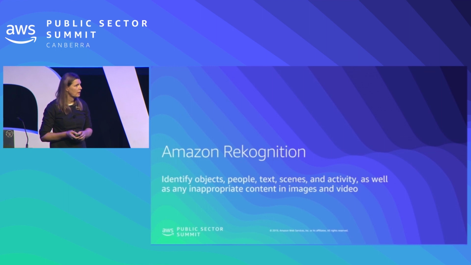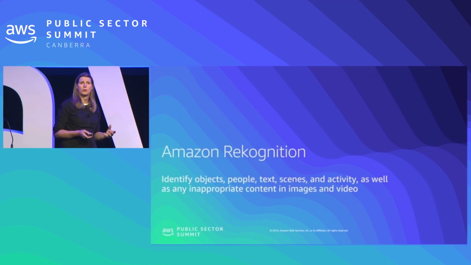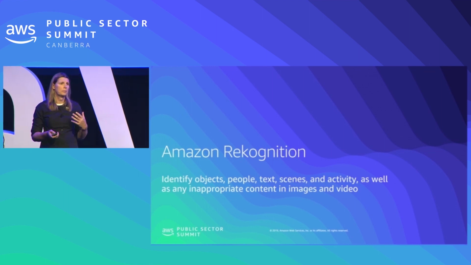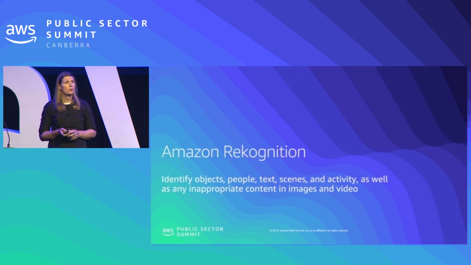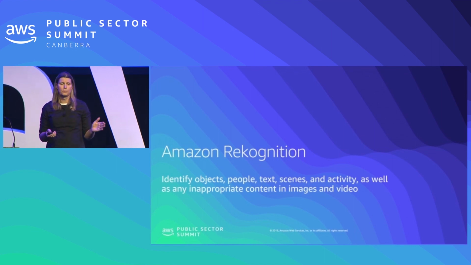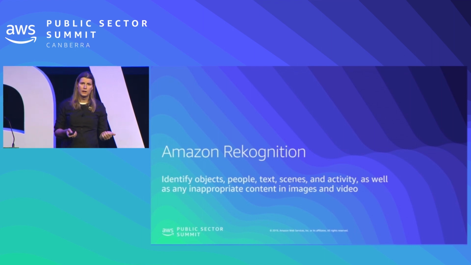If we look at a specific use case, we see C-SPAN in the US, who capture many, many hours of government footage every day, who used to have human beings go through that footage to catalogue who was in each video, and at what timestamps they appeared. They now use Rekognition to handle that for them.